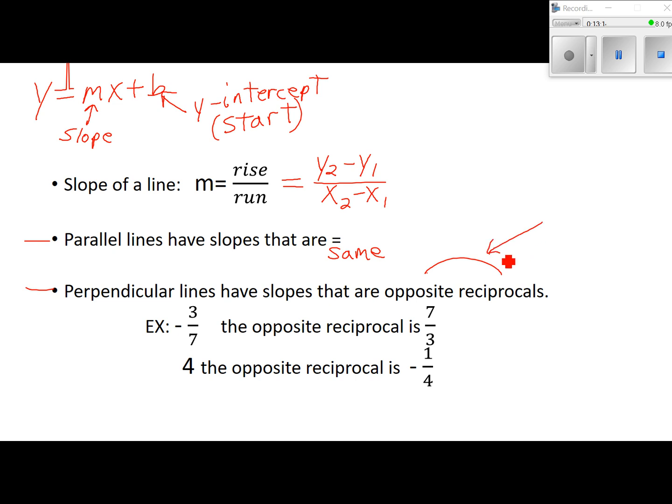They're opposite reciprocals. All that means you do is you change the sign. So if it's positive, you turn it to a negative. If it's negative, you turn it to a positive. And you flip over the fraction. So you flip the fraction over.